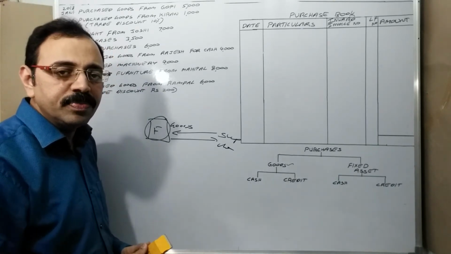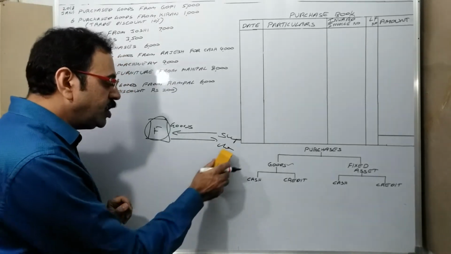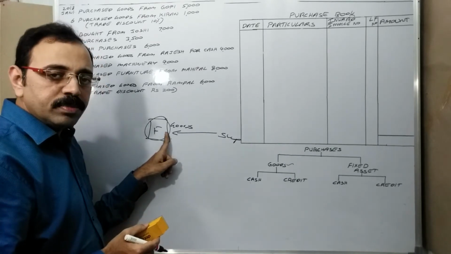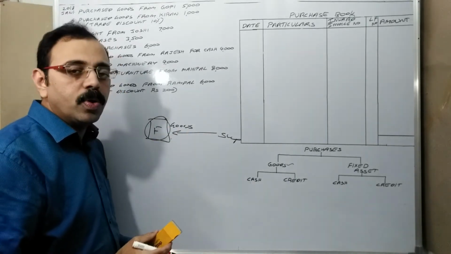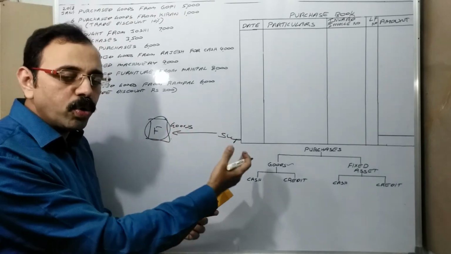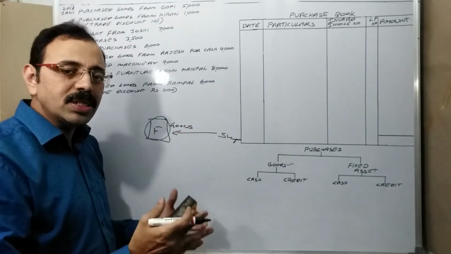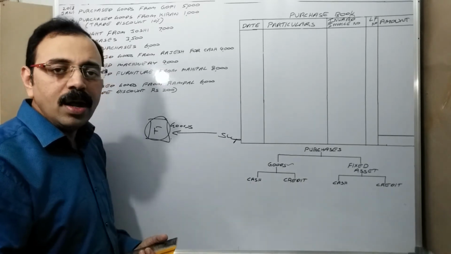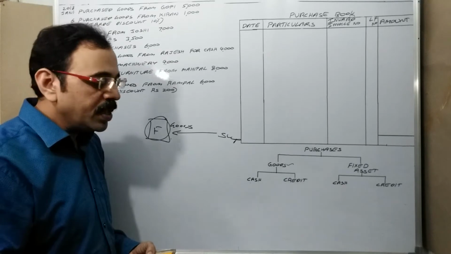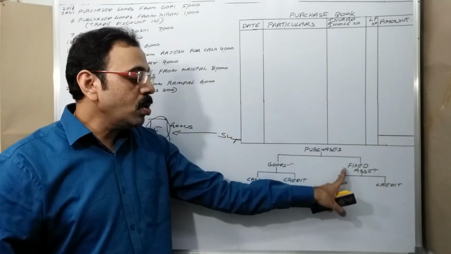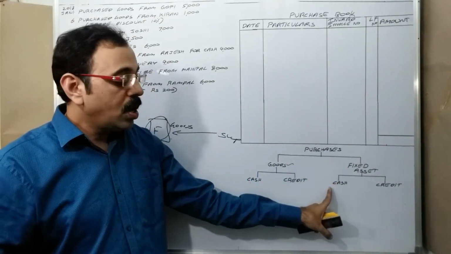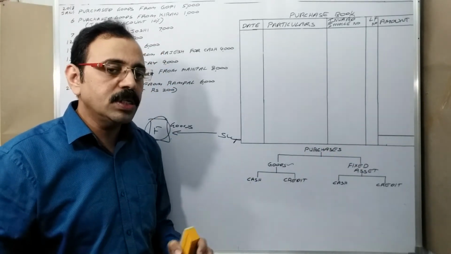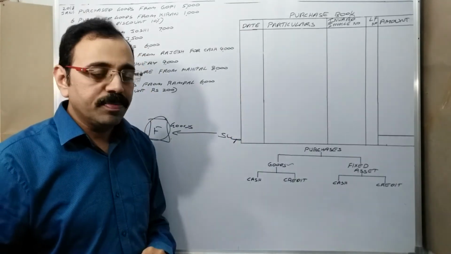We paid the money. Then, credit purchase means what? From the supplier we are taking goods, but payment is postponed. On the same day we are not going to pay the money to him. We take some time. After 3 months, after 2 months, we are going to pay that amount. Clear? Similarly, a fixed asset also we may purchase for cash or on credit basis. Means total how many types of purchases are there? 4.